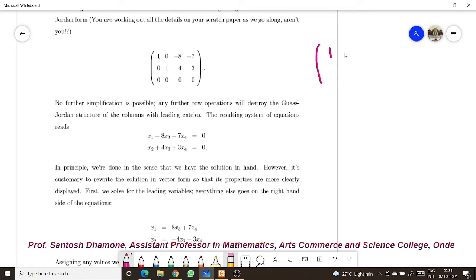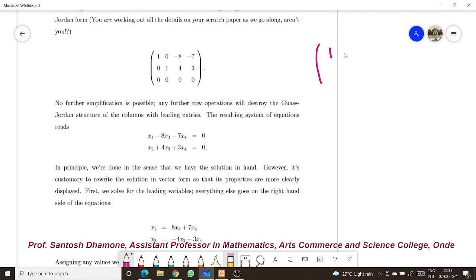1 into x1, x1, 0 into x2, 0, minus 8 into x3, minus 8x3, minus 7 into x4, minus 7x4 is equal to 0. Next equation is 0 into x1, 0, 1 into x2, x2, 4 into x3, plus 4x3, 3 into x4, plus 3x4 is equal to 0.